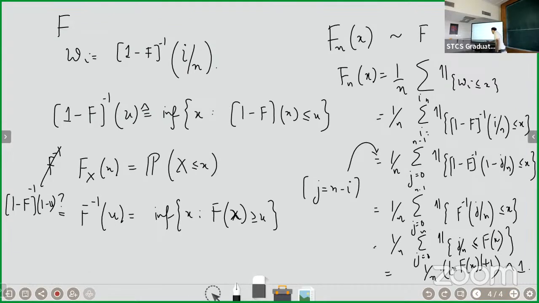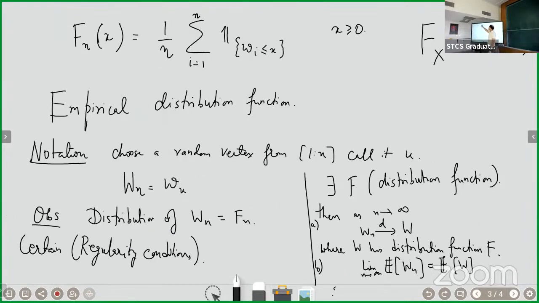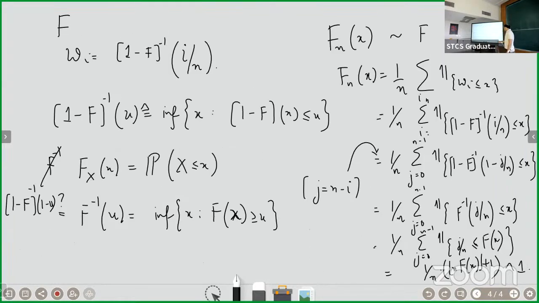So I have to correct for that. But other than that, you look back at the definition. Fn of x is 1 by n summation I will w to be less than x. So whatever I got here, J less than equal to n times f of x. Can I go from here to here? You can.